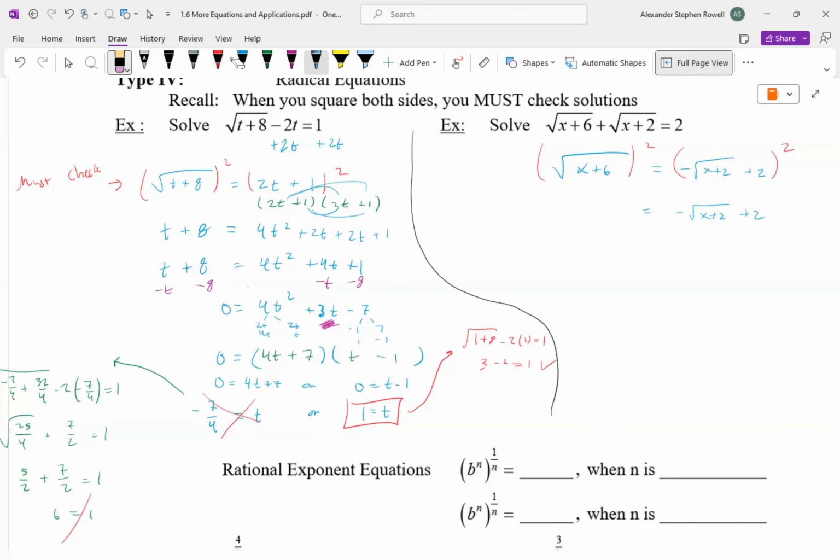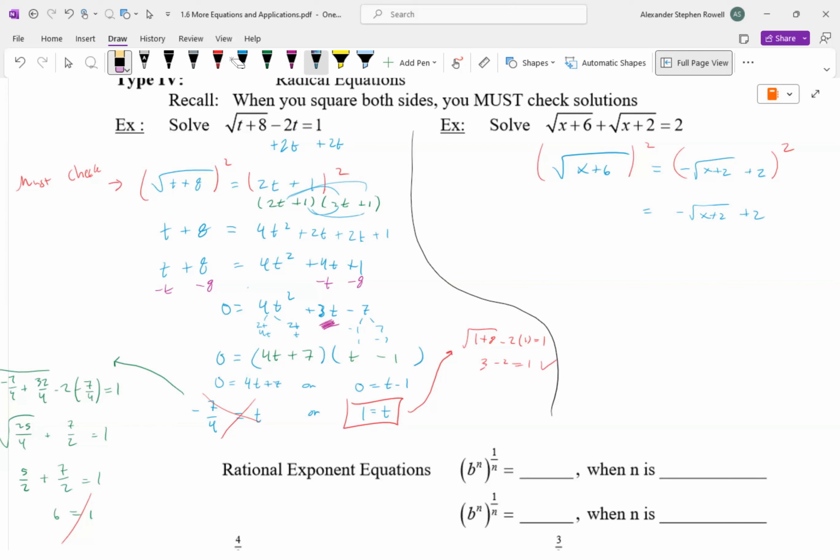Do I need an absolute value or not? The square root means positive root, right? Positive number squared is positive. So we don't actually need an absolute value.